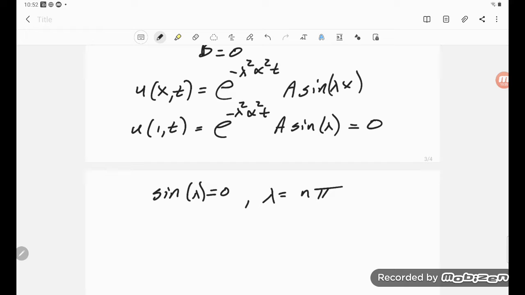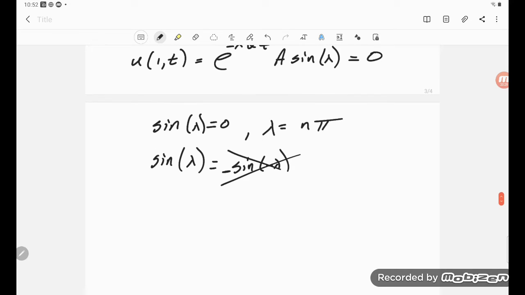Now, that could be plus or minus, but remember that sine of lambda is equal to minus sine of minus lambda. It's an odd function. And so really we don't need the negatives in here. Let's just worry about the positives.